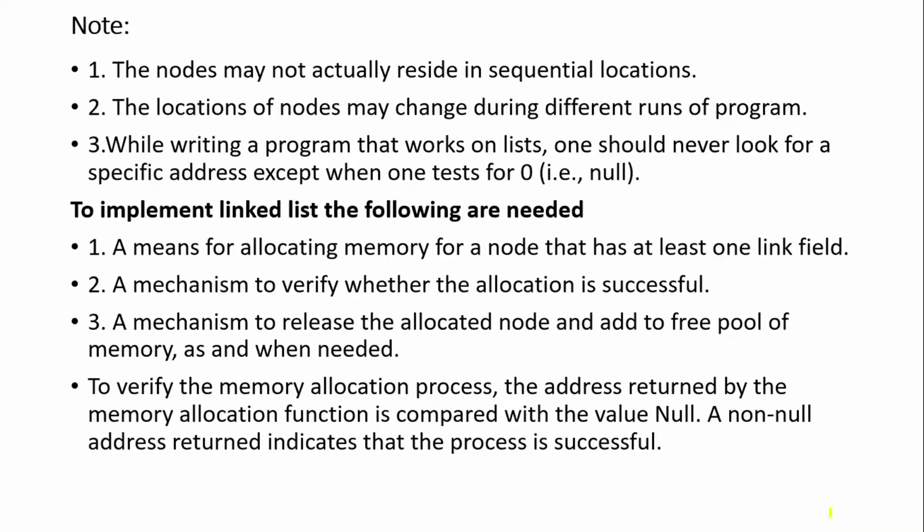Next, some important points are that nodes may not actually reside in sequential locations. There is no hard and fast rule that all the nodes should be in sequential order. They can be placed anywhere in the memory, wherever there is free space. The locations of nodes may change during runtime of the program. With different executions, execution 1, execution 2, execution 3, the allocations will change because the same memory spaces may not be available for every execution of the program.